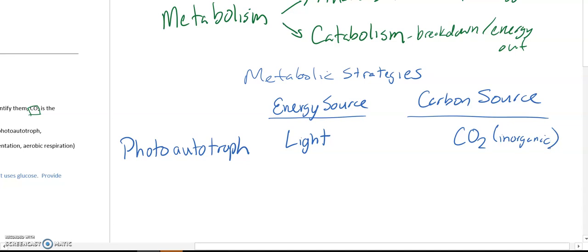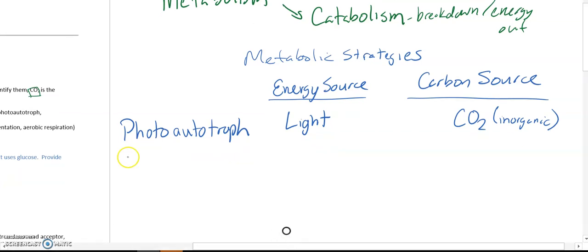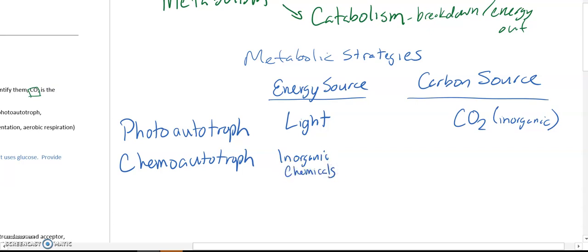Right? But there's another type of organism that makes its own food or stores energy in its own organic material. And what's that called? That's our chemoautotroph. Now, its energy source is actually inorganic chemicals, meaning not based on carbon, but it still gets its carbon from carbon dioxide.